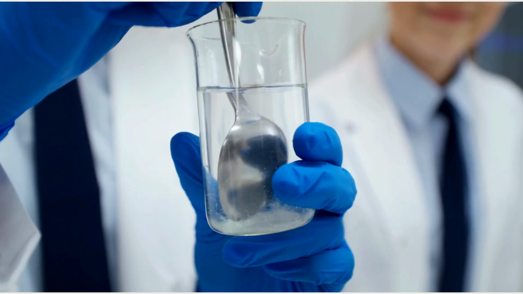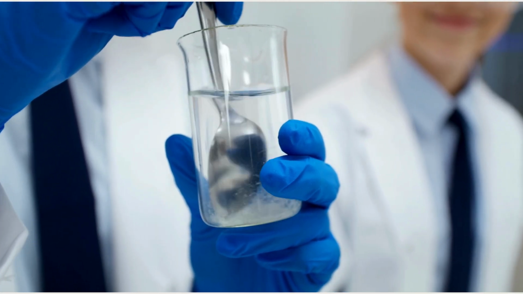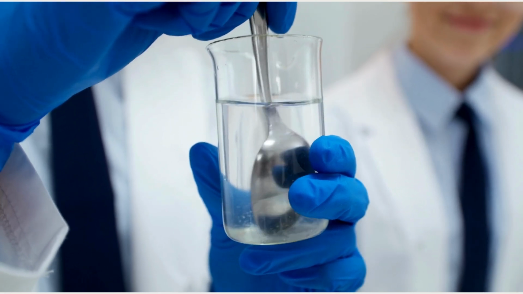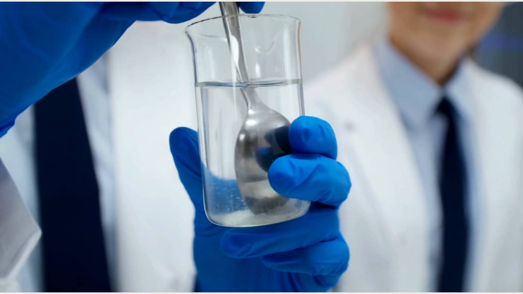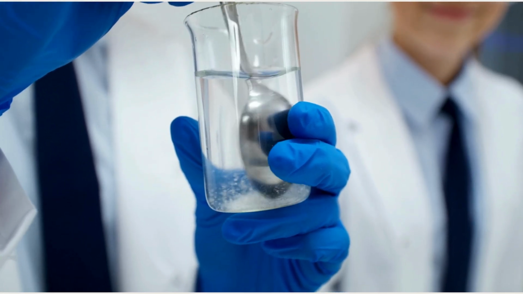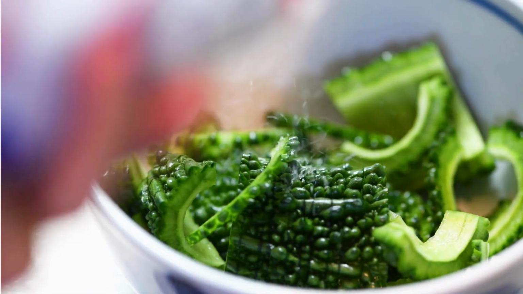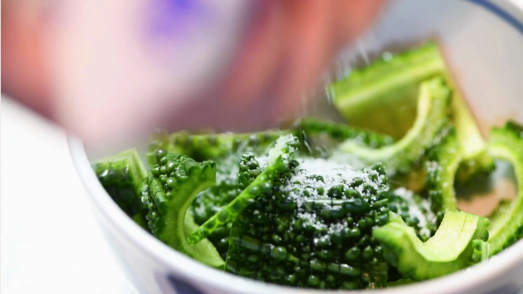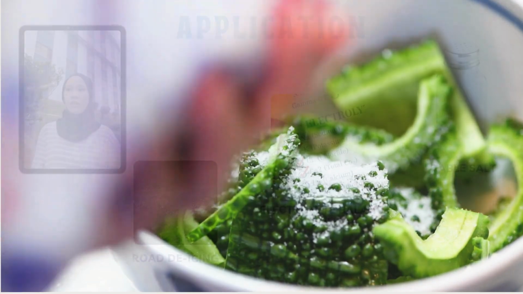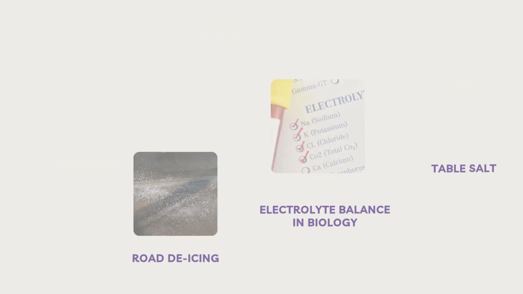In biology, sodium and chloride ions are important electrolytes that help maintain osmotic balance and muscle contraction. While in industry, sodium chloride is a key raw material used to manufacture chlorine gas, hydrochloric acid, and sodium hydroxide, which are important chemicals in the modern world today.